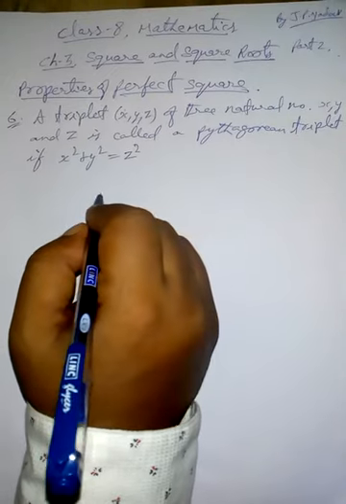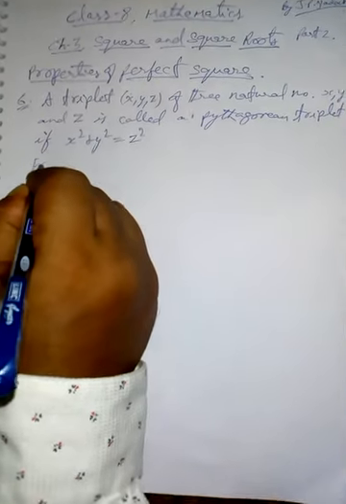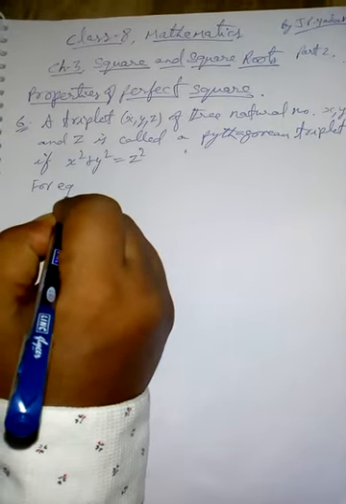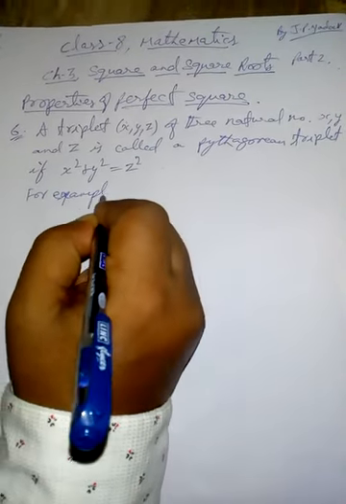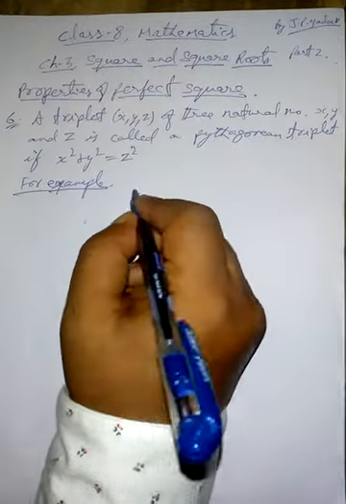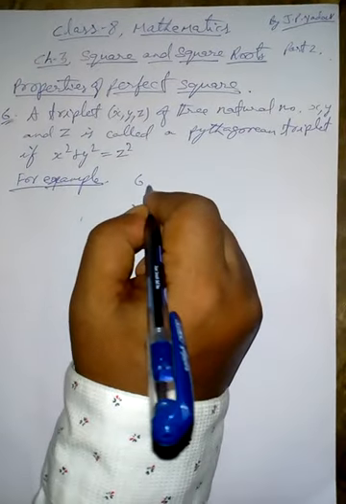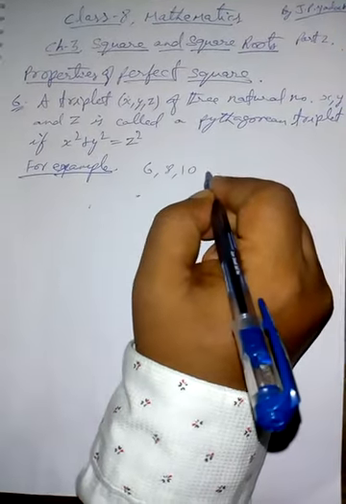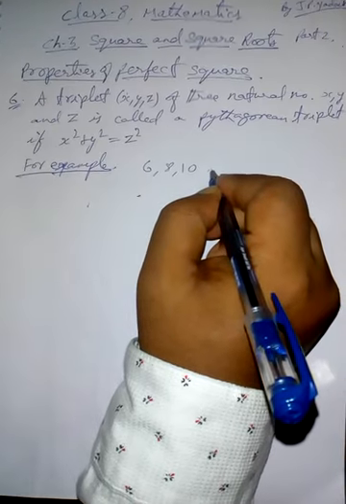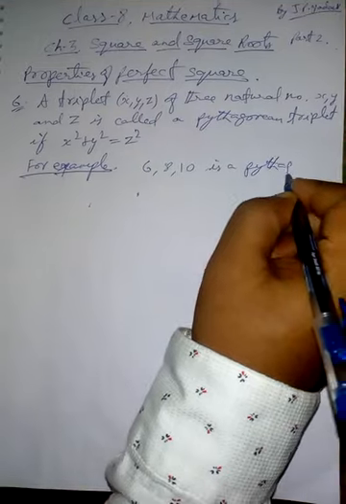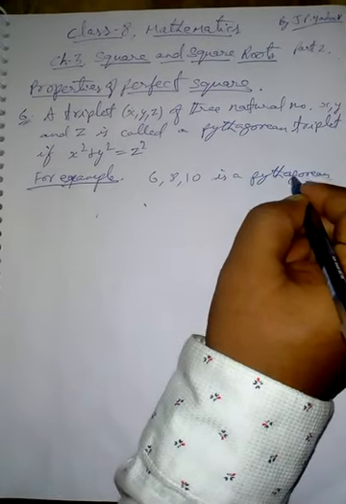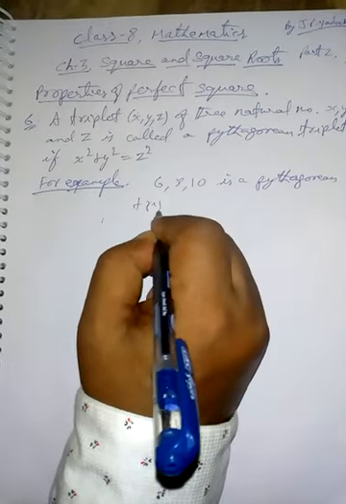For example, 6, 8 and 10 is a Pythagorean triplet. How? Let's see.